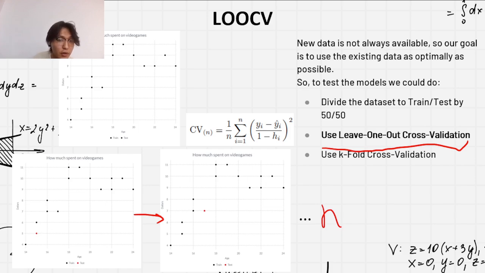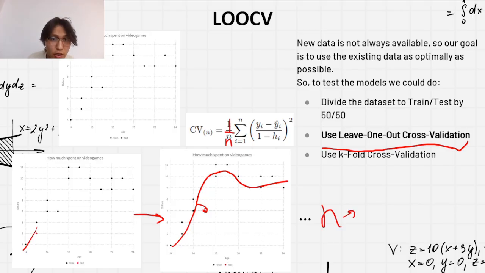We compute the value of this curve, then we test it on this test point. We compute the value of this curve, then test it on this test point. Then we compute the mean squared error and average them all based on how many times we tested it. But it's quite cost expensive because computing the model n times is quite a lot.